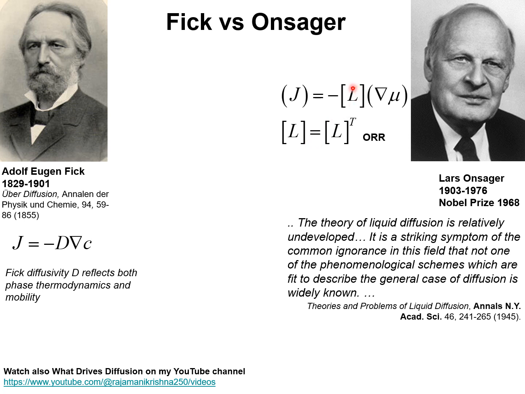The matrix L, that is n-1 times n-1 dimensional, is asserted to be symmetric, and this symmetry relation is dubbed the Onsager reciprocal relations.